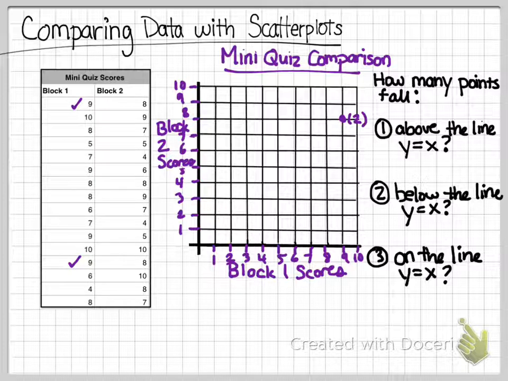So 10 and 9, I put a dot. And then I want to check and make sure that there's no other 10 and 9s. And there aren't. 8 and 7. I just want to make sure there's no other 8 7s. Let's see, 8 8, 8 9, and there is actually one more 8 7.